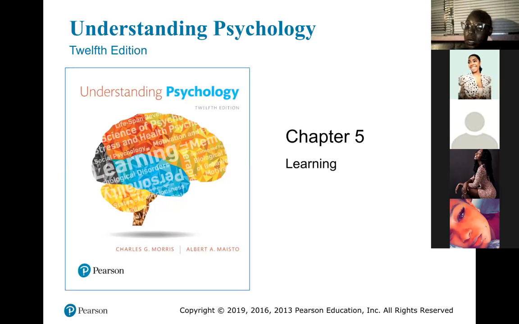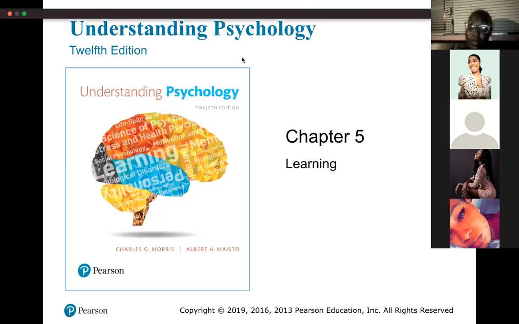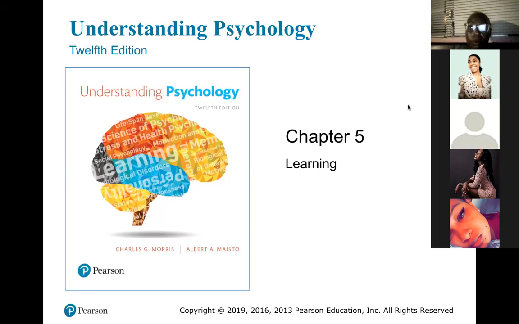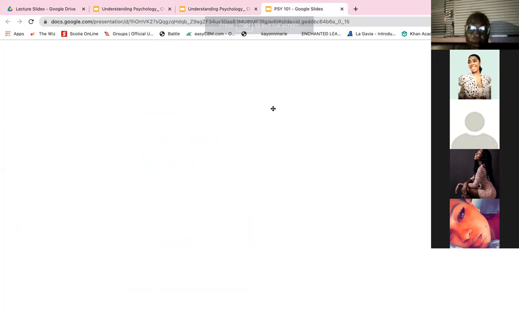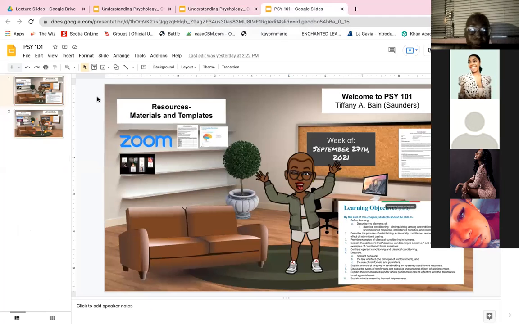In Moodle, there's a link to this course landing page, which has everything that we've done so far and all of the resources. So it will take you to this slide. This is this week.